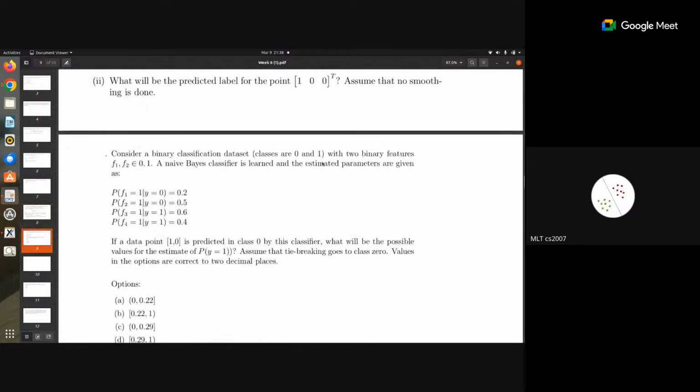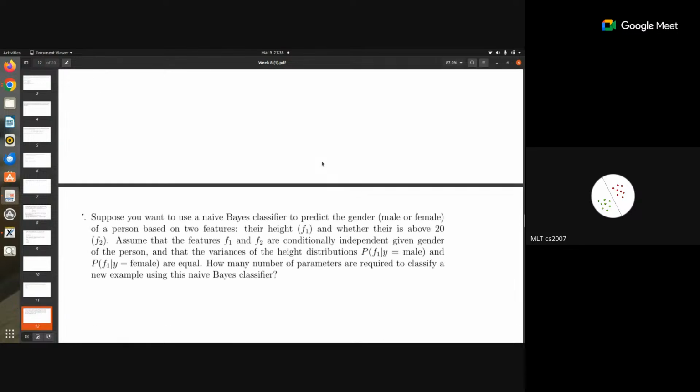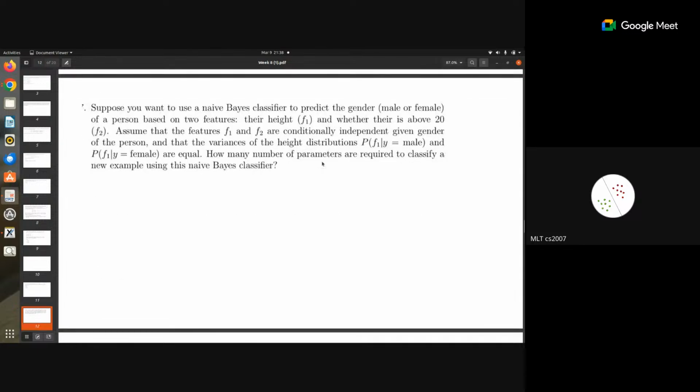I think we'll do this question a little later. Just try to answer this question. Suppose you want to use a naive Bayes classifier to predict the gender, whether it's male or female, of a person based on two features: their height and whether they are above 20, so that means the age.